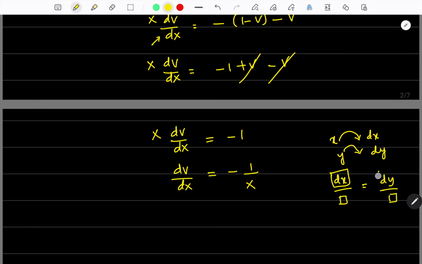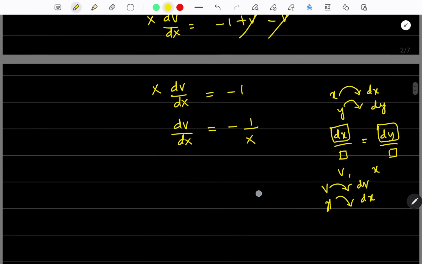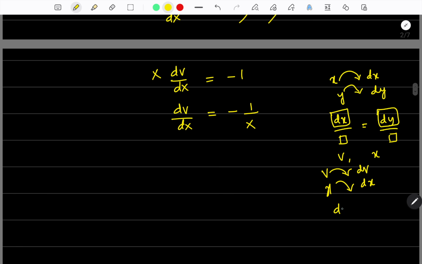So now your equations are v and x, and you are going to separate v with dv and x with dx. While you are separating, dv and dx should be in the numerator. Keep in your mind, otherwise we cannot integrate.